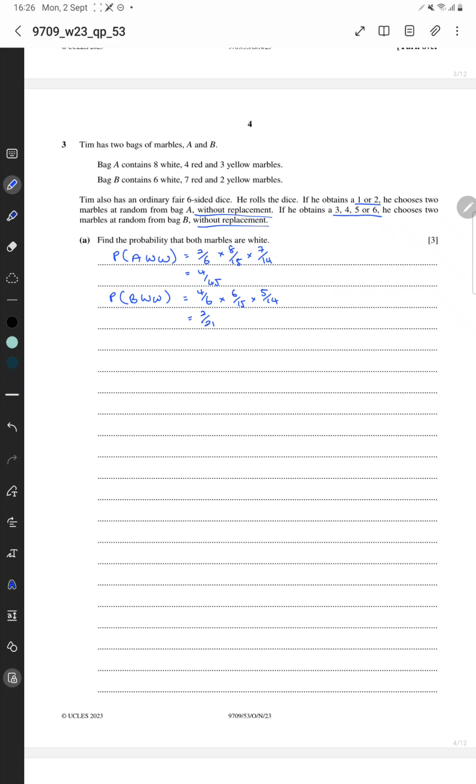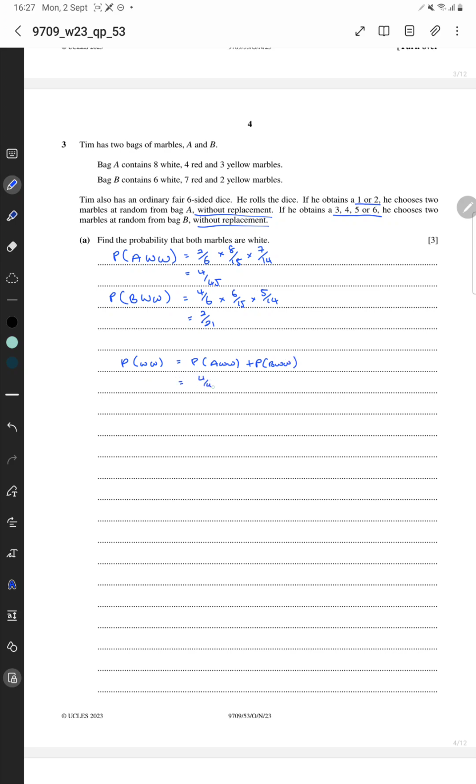Okay. Now you've found both different possibilities, as long as you're getting both whites. So the probability of getting both whites is equal to the probability of getting white and white from bag A plus the probability of getting white and white from bag B. You've already found these two probabilities in the previous workings.